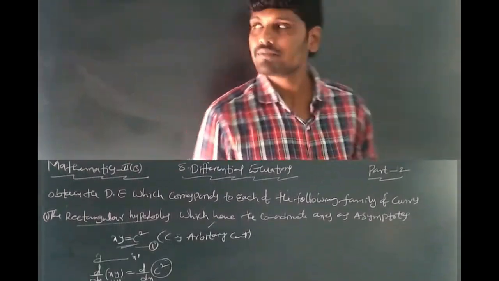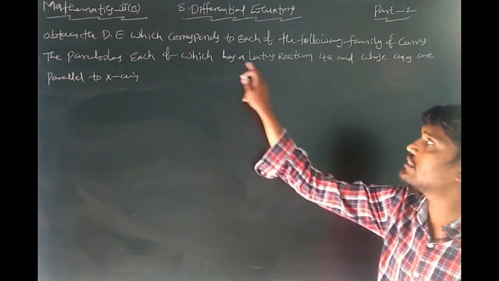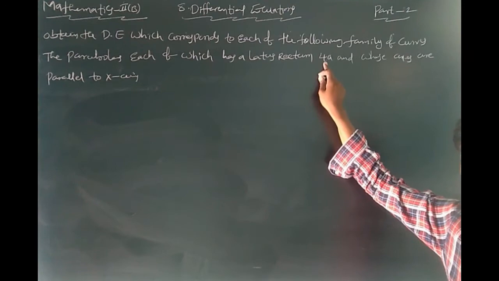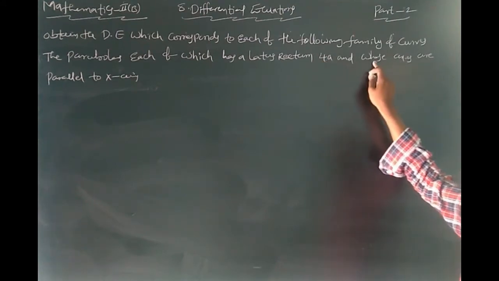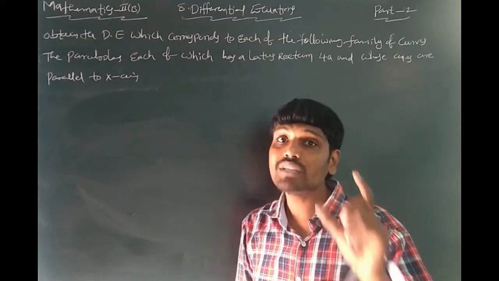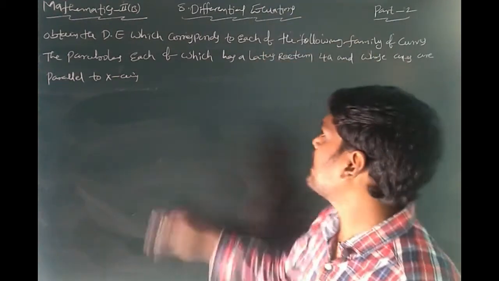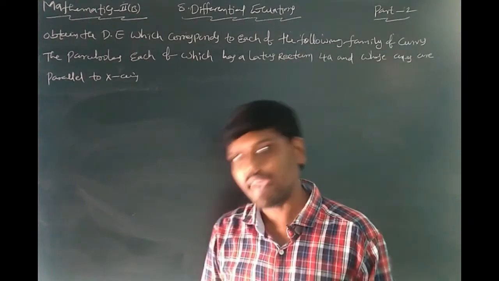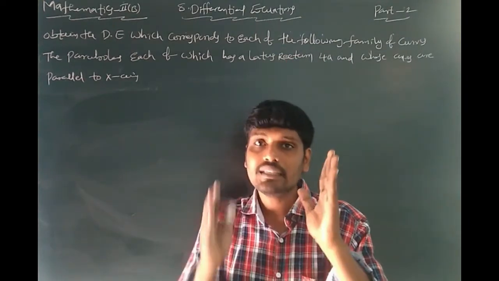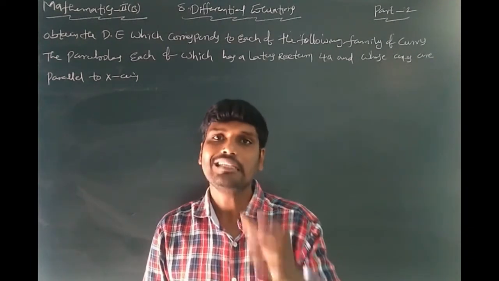The next problem is the parabolas, each of which has a latus rectum 4a and whose axes are parallel to the x-axis. Here, students, you get this in the parabola chapter in geometry.